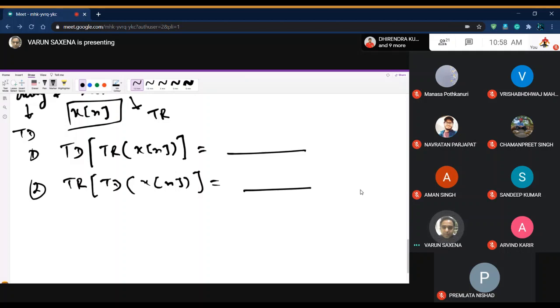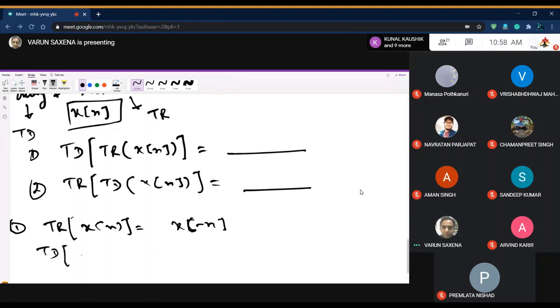So let's see what happens. Let's look at the first case. tr xn. What does this give you? So I'm doing time reversal. So this will simply give me x of minus n. Now I'm performing time delay on x of minus n, which means that I'm replacing n by n minus k.